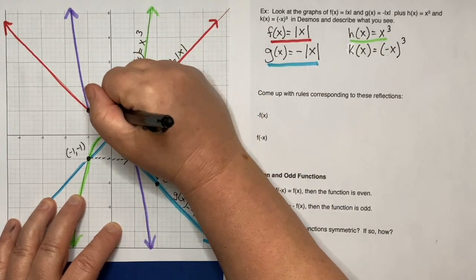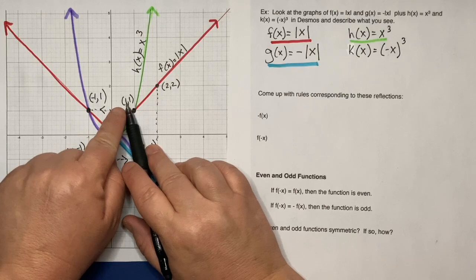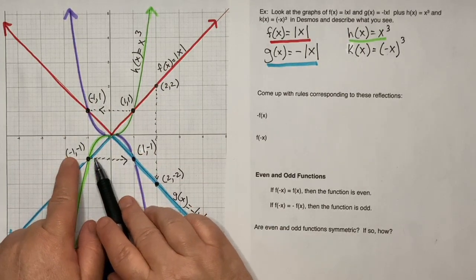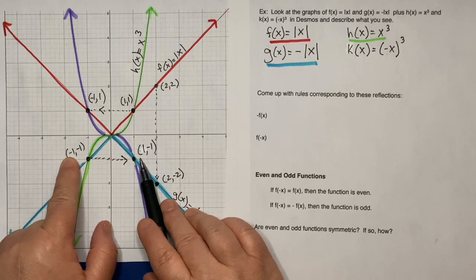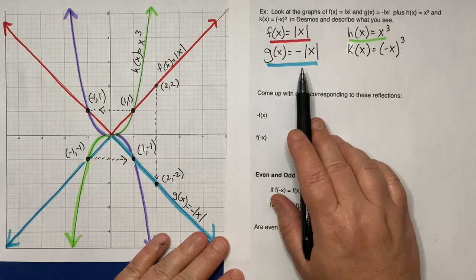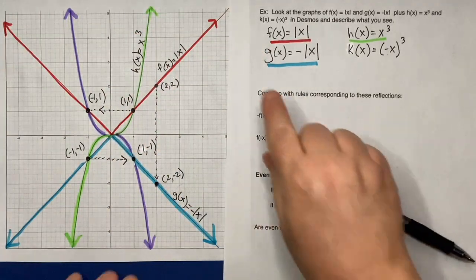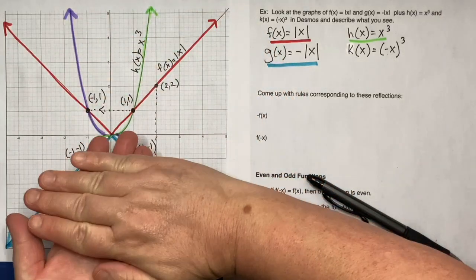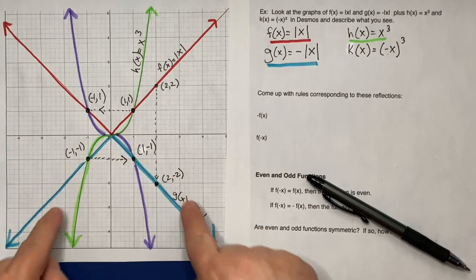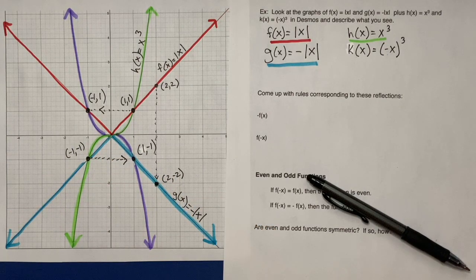So in this case, every positive x value switches to a negative x value, and every negative x value is going to switch to a positive. And so the reflection here is going to be top to bottom. So if we drew this and then folded the paper in half there and lifted it up, this would be like the squished image of it, if you've ever done that in art class.